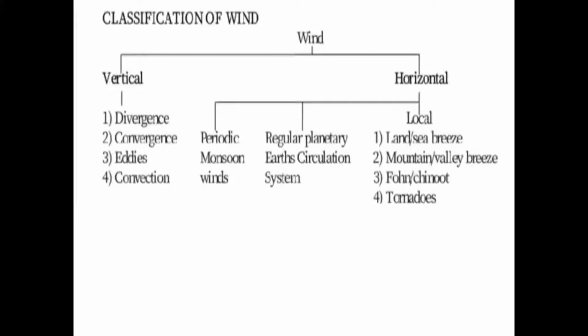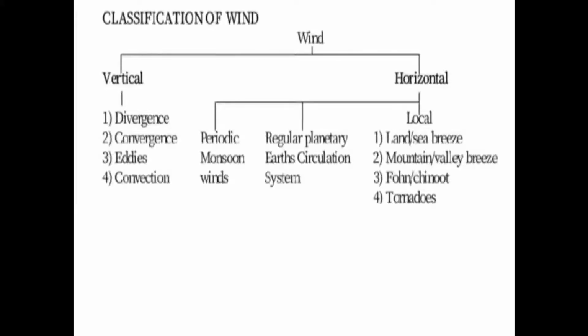The first one is the periodic monsoon wind, the second one is the regular planetary earth circulation system, and the third type of horizontal wind is the local wind. The examples of local wind are, first the land or sea breeze, then the mountain or valley breeze, then the foehn or chinook wind, and last one is the tornado.